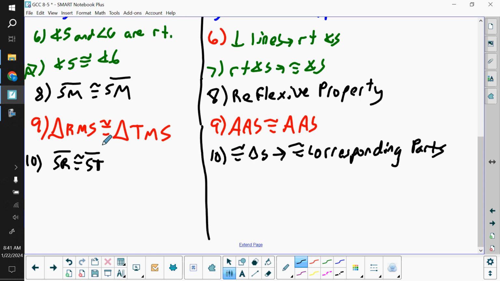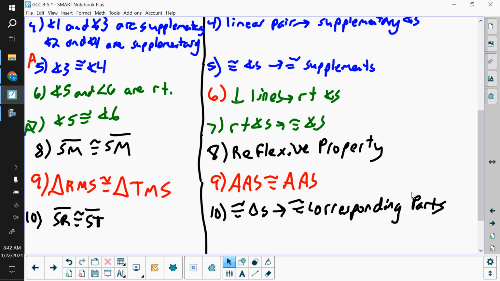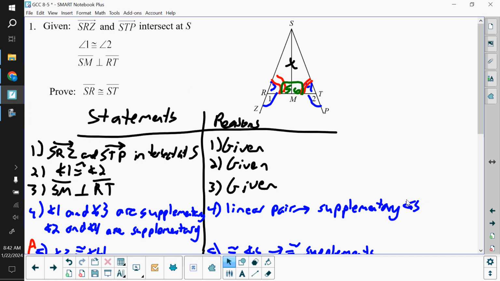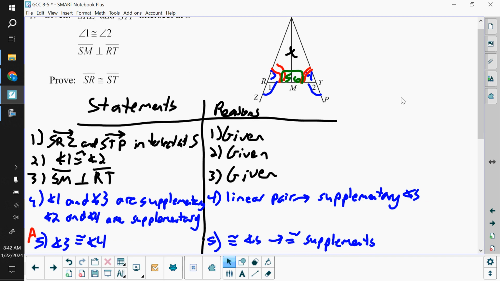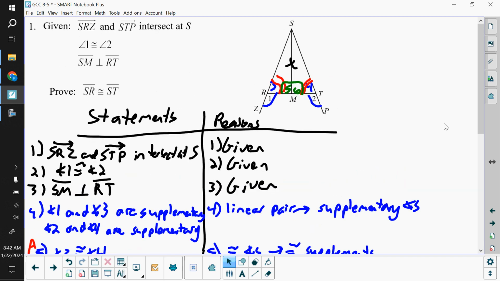Now, we could have done this proof differently. I purposely had us do it this way just because I wanted us to practice the congruent triangles implies congruent corresponding parts. But in this particular proof, the SR and ST are actually the congruent sides of an isosceles triangle. So we could have veered off after step 5 here.